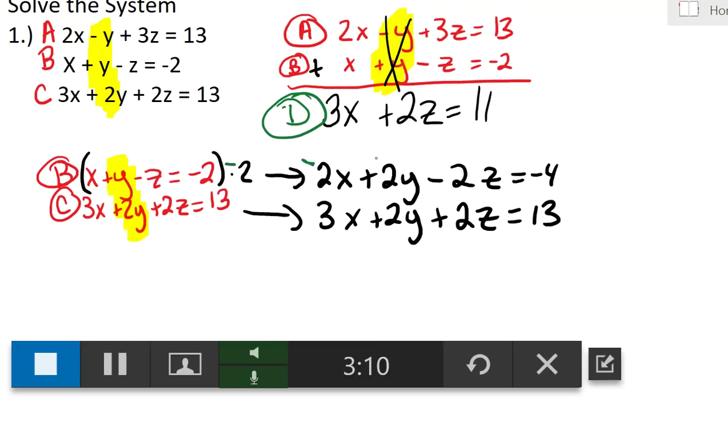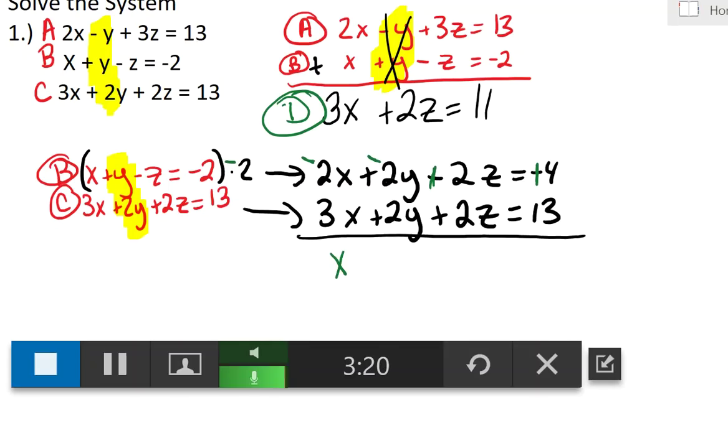So I'm going to distribute a negative to each one of those. That'll make it easier to keep track of. So now I'm going to add those together. This is going to be x. This will now cancel. This will be 4z. And then this will be 17. I'm going to label this E.